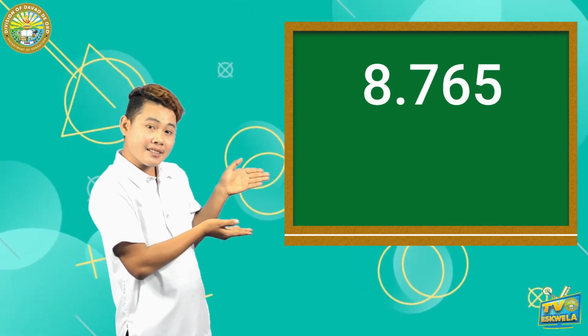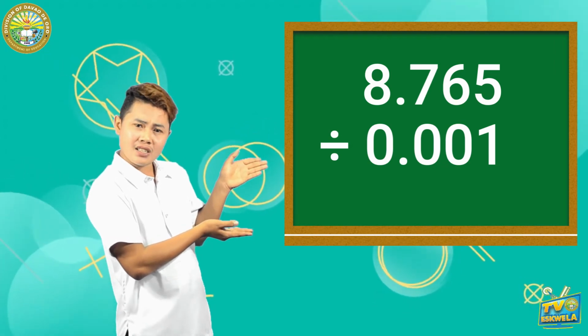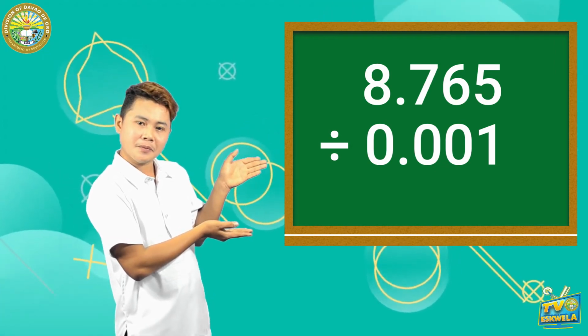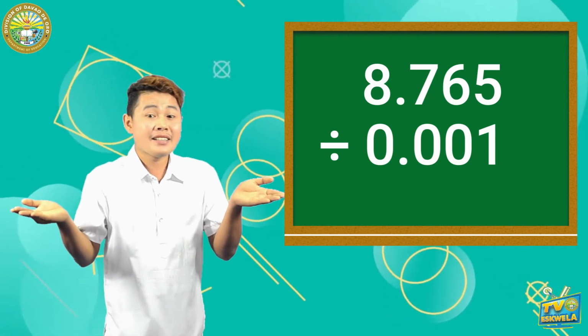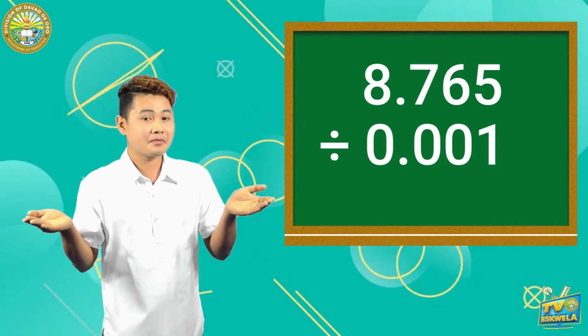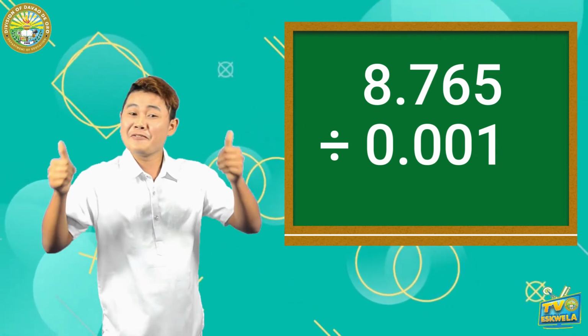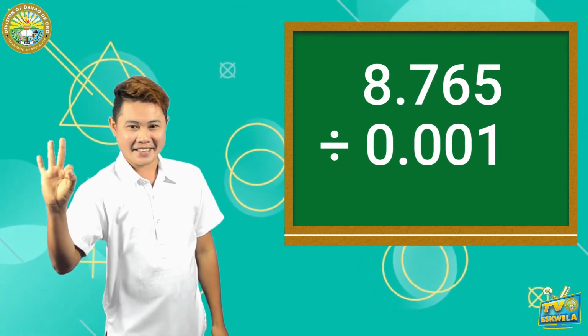In this example, 8 and 765 thousandths divided by 1/1000. How many decimal places in our divisor? Very good. We have 3 decimal places.